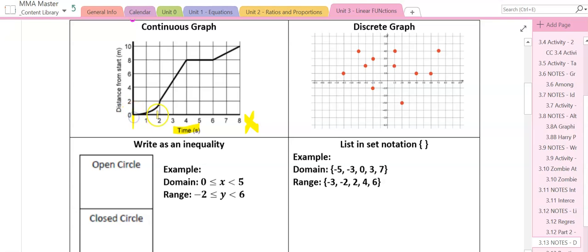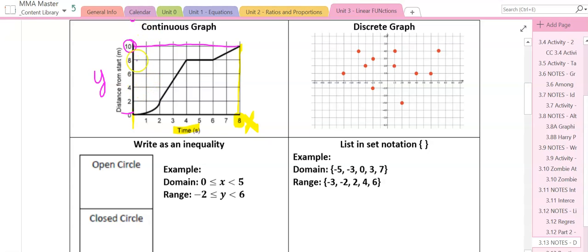It's covering all the way from the 0 all the way over to the 8. The range, which is your y values up here, is covering all the way from the 0 all the way up to the 10. So it's covering all those numbers in between. It's an infinite number of values.